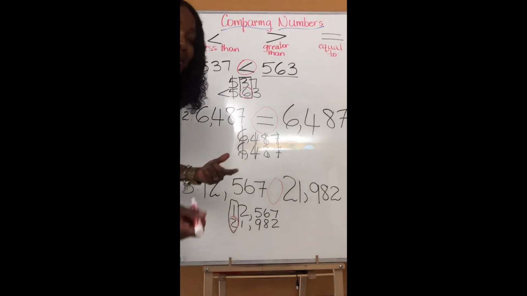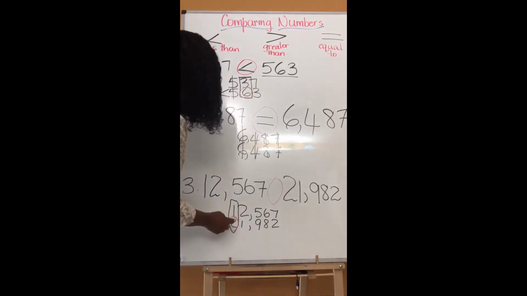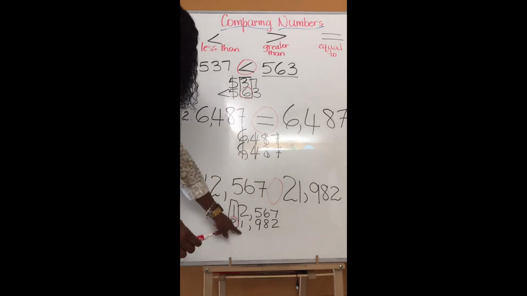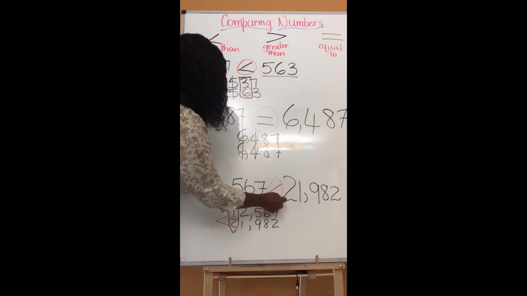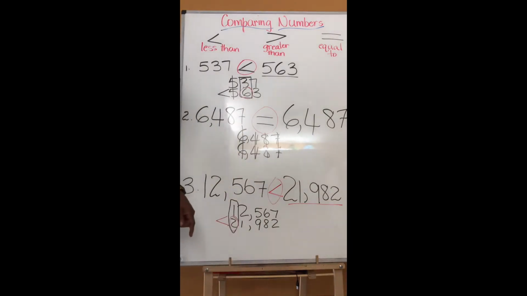It simply means, where is the shark going to open its mouth? It's going to open its mouth at 2. 21,982. There you go. The shark is opening its mouth to the bigger number. It's turning its back to the smaller number. Let's try a few more.